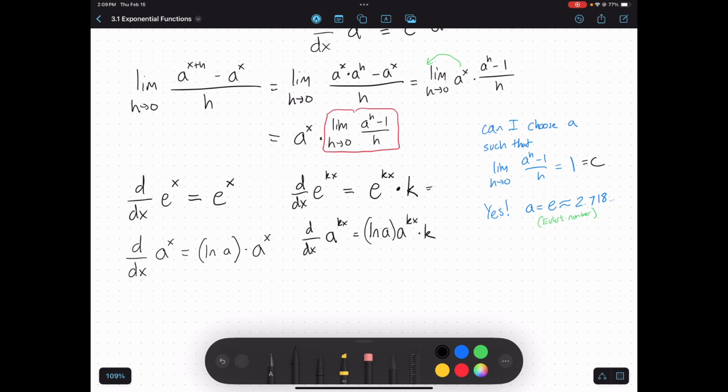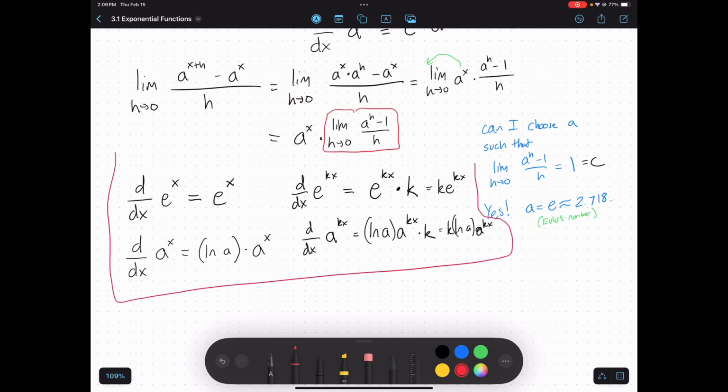We often rewrite that as k e to the kx, and this as k natural log of a times a to the kx. I'm running out of room. So these are my nice derivative rules for exponential functions.